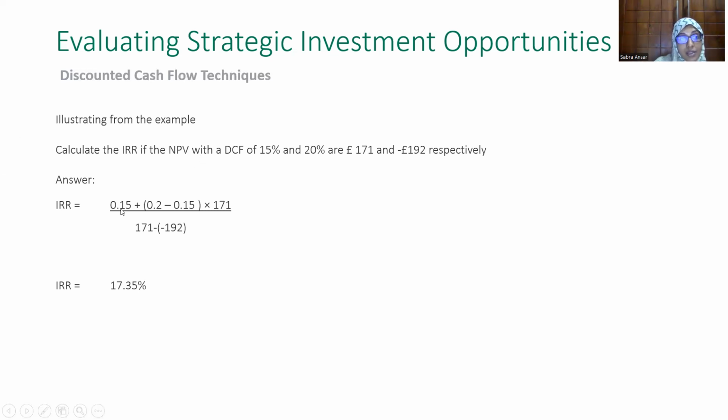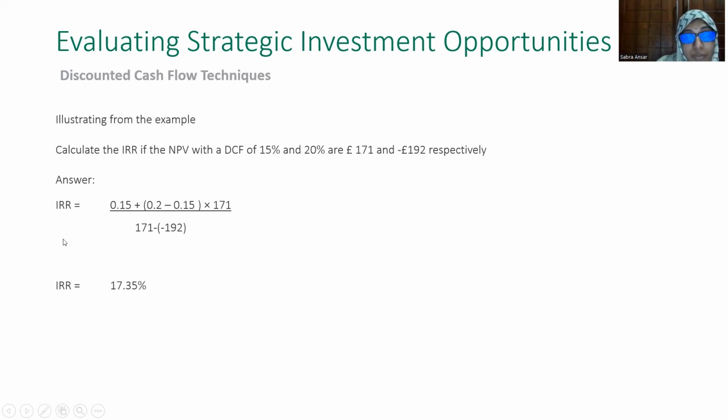So this is the simple A, this is the simple B, into 171, which was capital A. Capital A was the NPV of 15%, which was 171. And then you reduce the NPV from capital A, 171, minus the NPV from the higher discounted factor, which is minus 192. So 171 minus minus 192 would become plus.